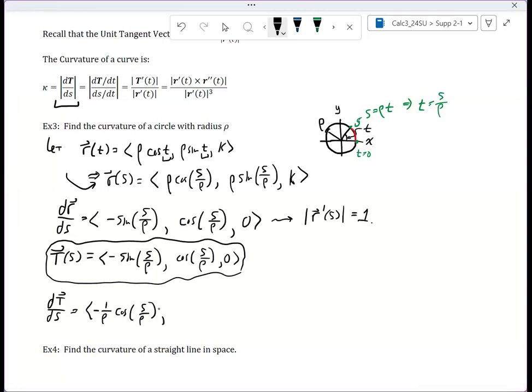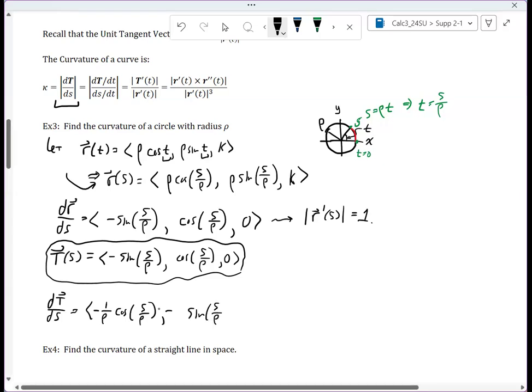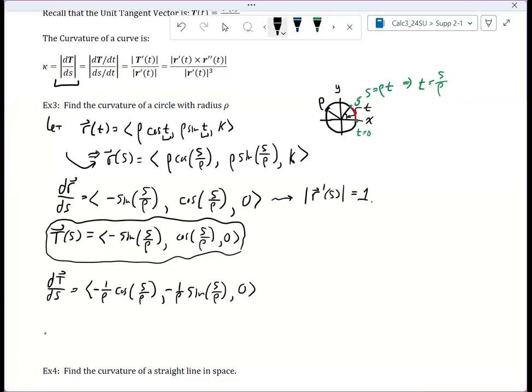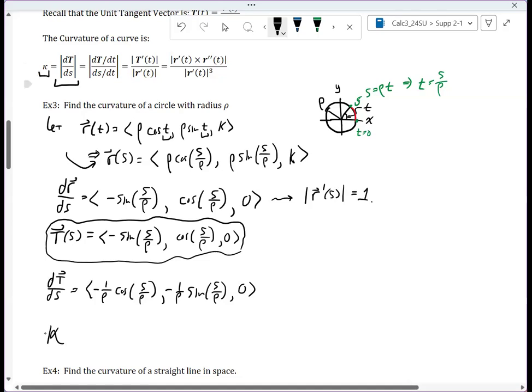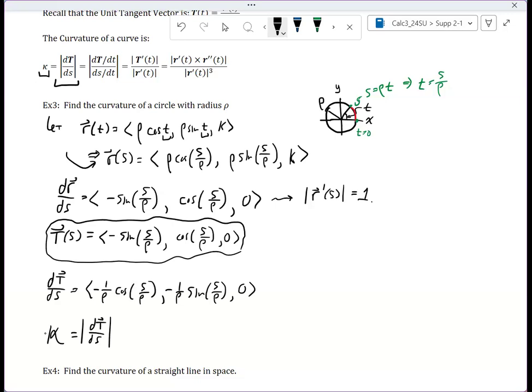Differentiate the second component, the cosine differentiates to a negative sine, and again a factor of 1 over rho pops out, and still 0 for my third component. And then finally, my curvature. As an aside, the curvature is denoted with the Greek letter kappa. So my curvature, kappa, is the length of dT ds, where I see that I'm going to get cos squared of s over rho plus sine squared of s over rho. That's going to give me 1, but I'm going to have a factor of 1 over rho squared inside the radical. When it comes out, it's going to be 1 over rho.